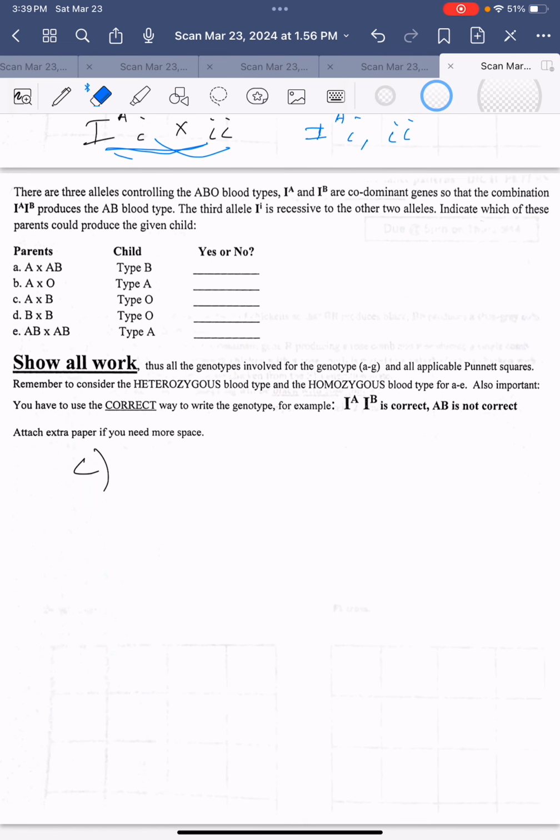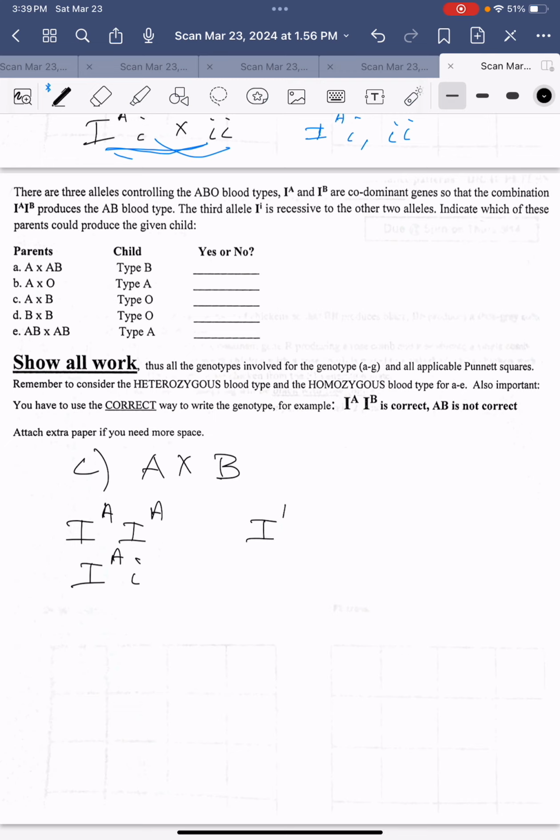Let's look at C, where we're crossing a type A and a type B parent. Is it possible to have a child with type O blood? Again here, they're just not telling us directly, but we need to consider both kinds of type A blood, and now we will also have to consider both kinds of type B blood to cross those with each other.